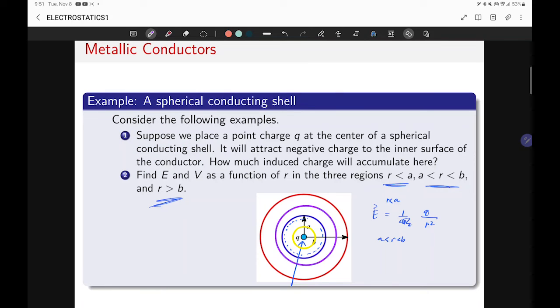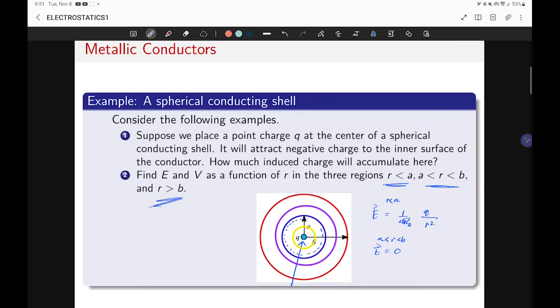So what is the electric field? Take a look at the Q enclosed. We have positive and negative, so they add up and it becomes 0. So we can conclude that the electric field there is 0.